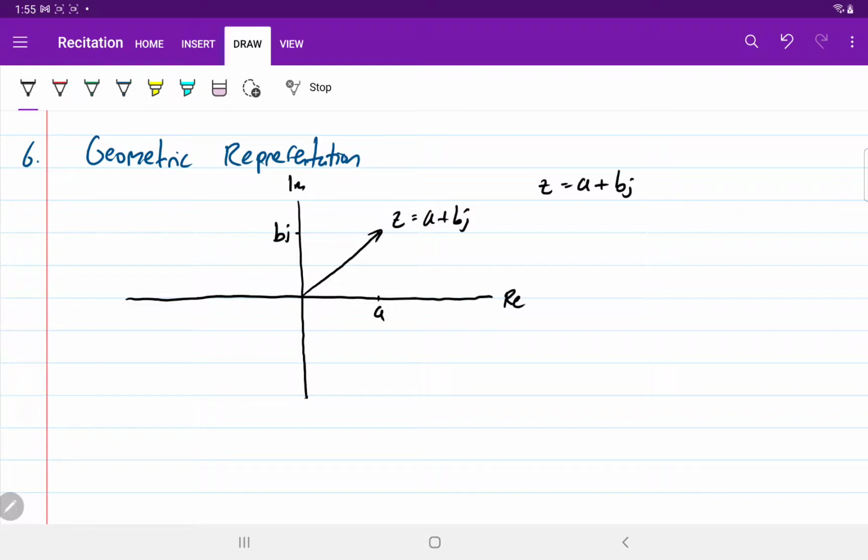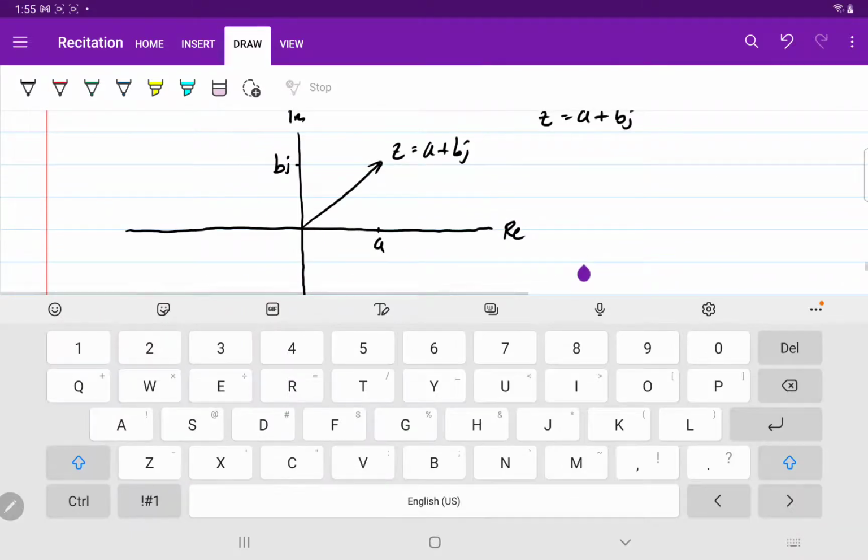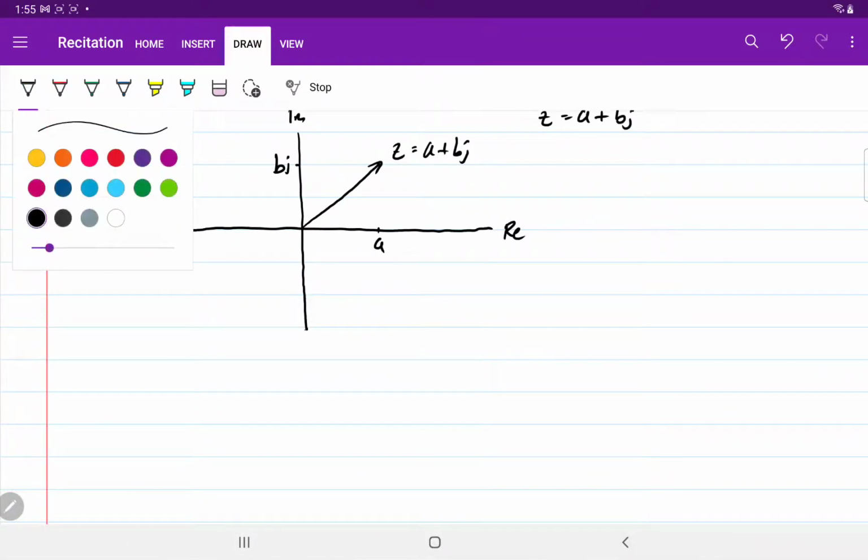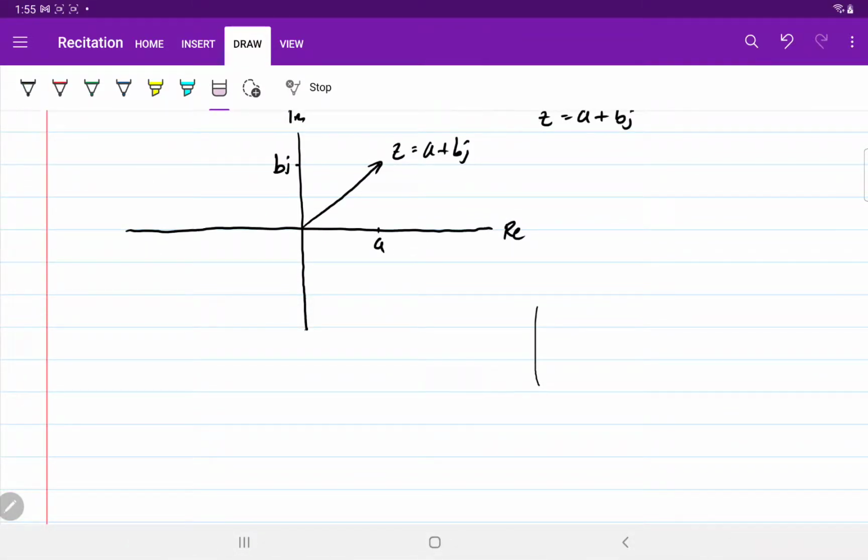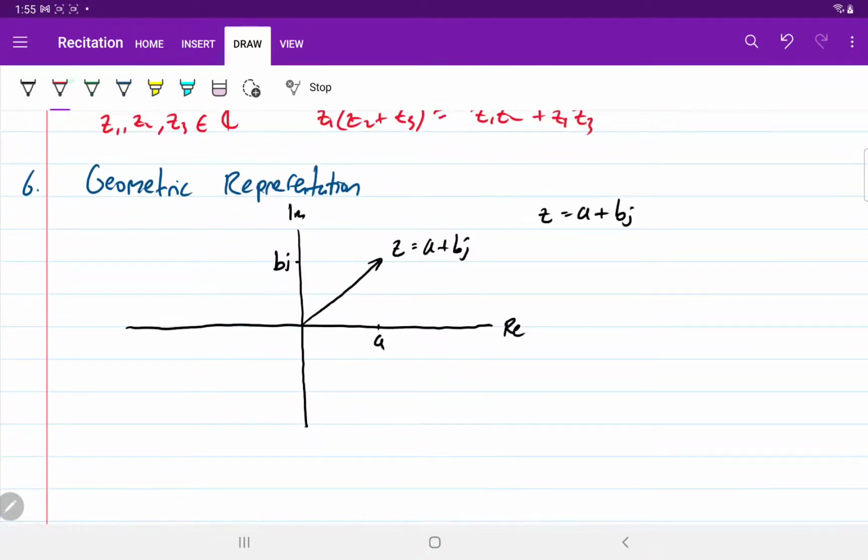Again, a is the real part and b is the imaginary part, and this allows us to represent a complex number in a different way. Usually this representation is referred to as rectangular representation.